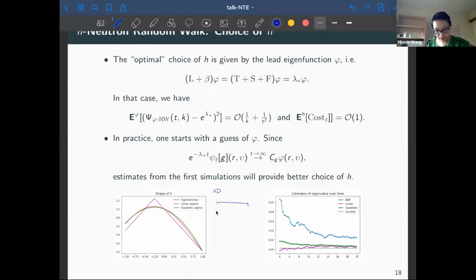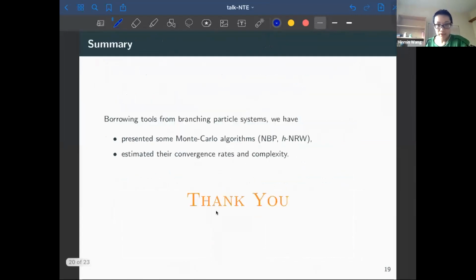From the simulations, there's some way to get more and more information on what this eigenfunction looks like. So I think I'll wrap up here. Just using some tools from the branching particle system, we have seen some Monte Carlo algorithms, and estimated their convergence rate and complexity. So I think I'll stop here.